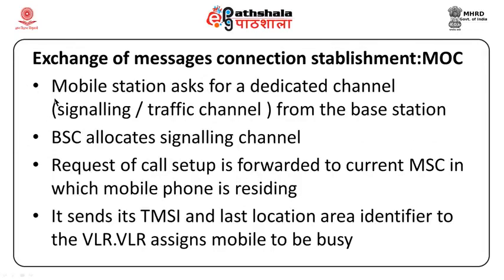Mobile station asks for a dedicated signaling or traffic channel from the base station. If available, the BSC allocates the signaling channel. Here also the traffic channel might be allocated afterwards.